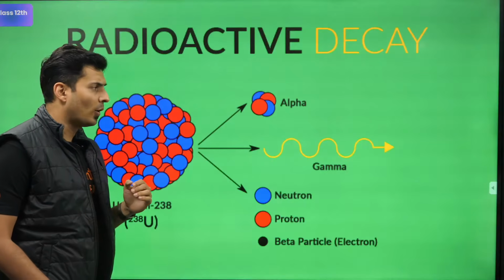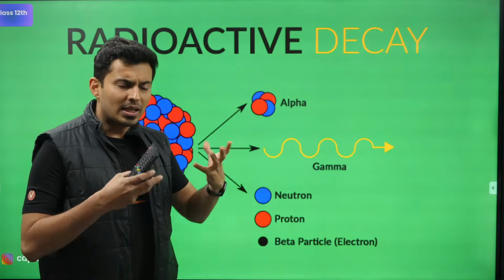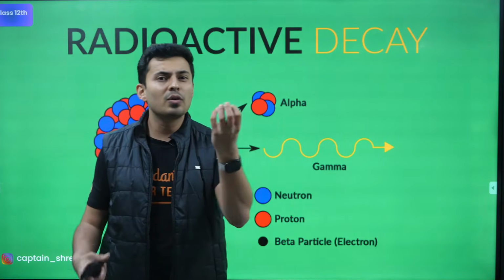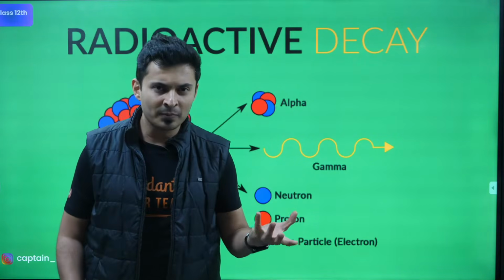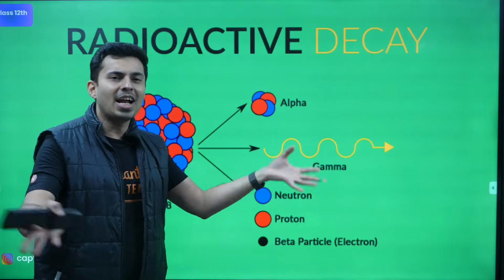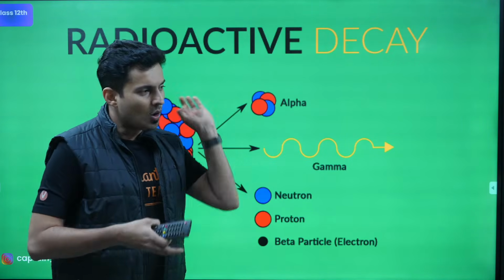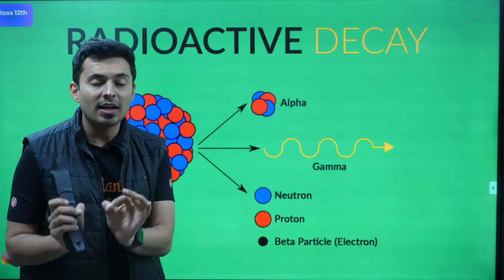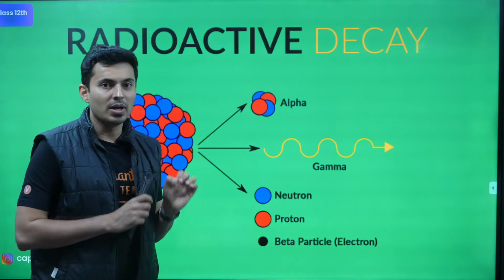Alright, one other important thing. Now, like I told you, the heavy nucleus might want to split into smaller nuclei, which is fission. This fission, when it occurs naturally, without any force or without any particle being bombarded onto it, is called a radioactive nucleus.